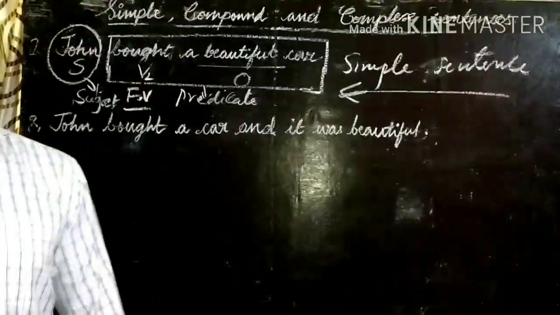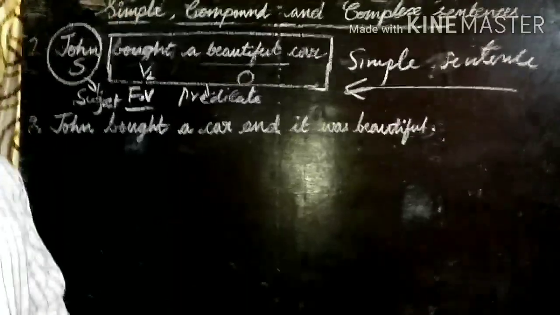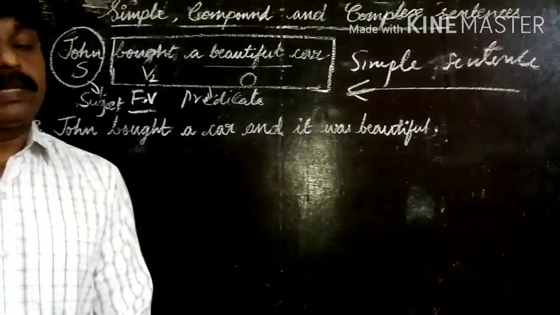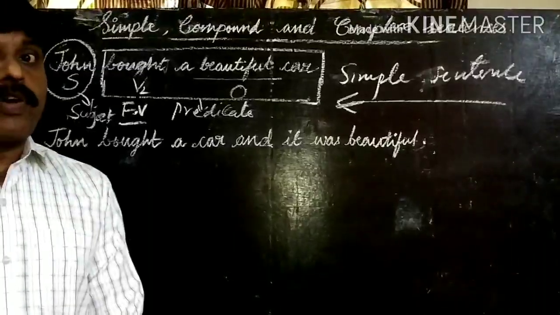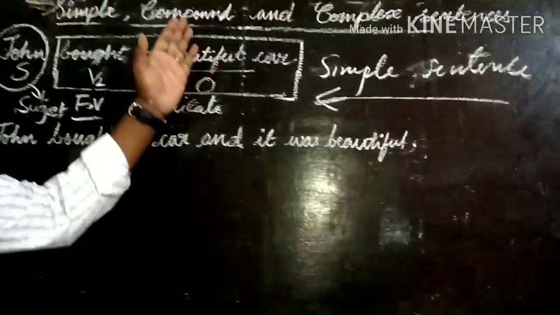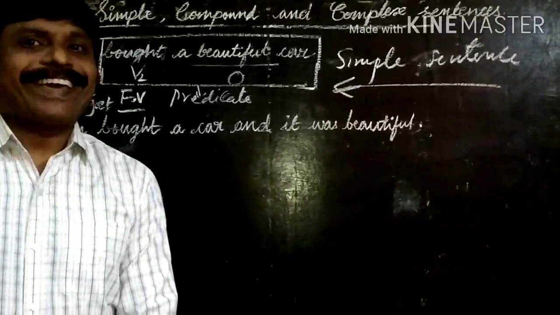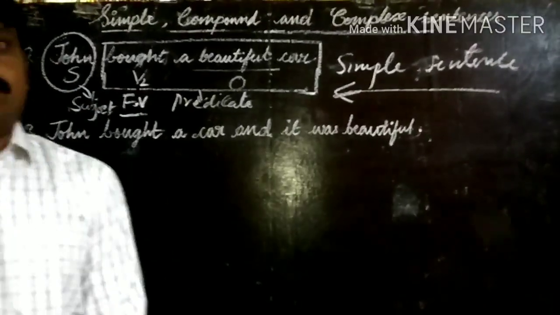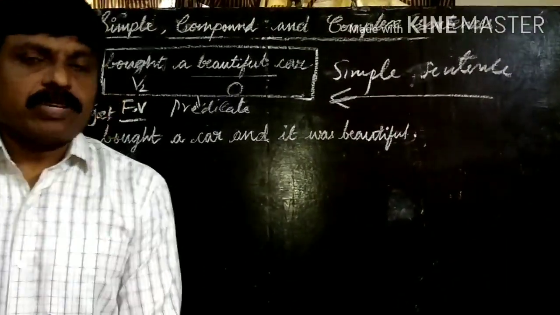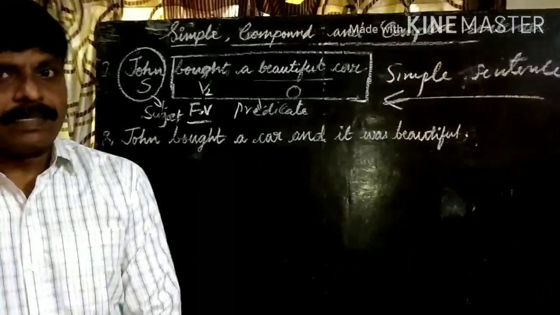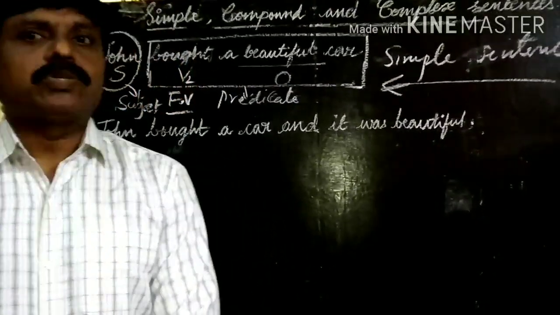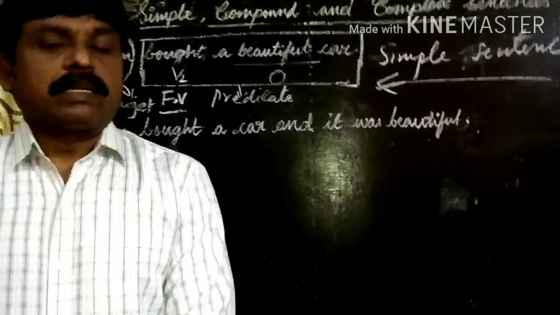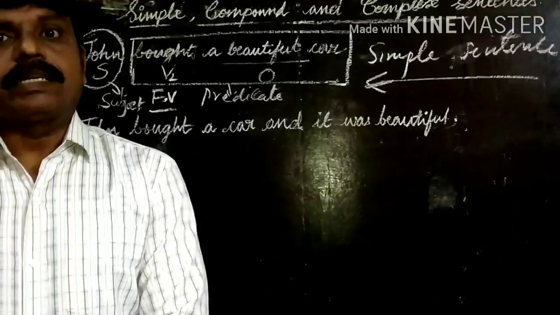You have already learnt about the simple sentence among the 3 sentences in language. Before going over to compound sentences, let us recall once again about a simple sentence. Do you remember the definition? A simple sentence is a sentence that consists of a single subject and a single predicate.